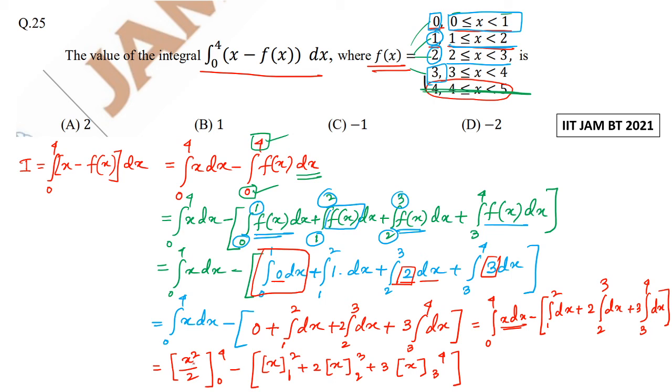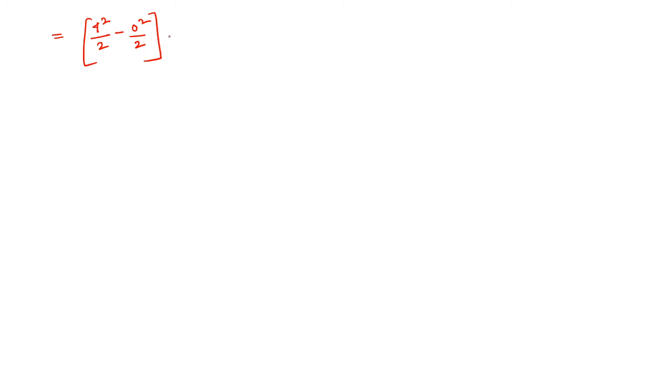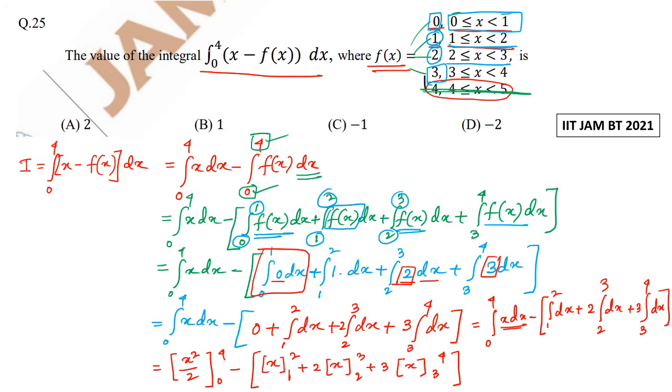First of all, this x square by 2, that means we will get it as 4 square by 2 minus 0 square by 2, that is upper limit minus lower limit. Minus, next is x, that is in the limit 1 to 2, so it is 2 minus 1.